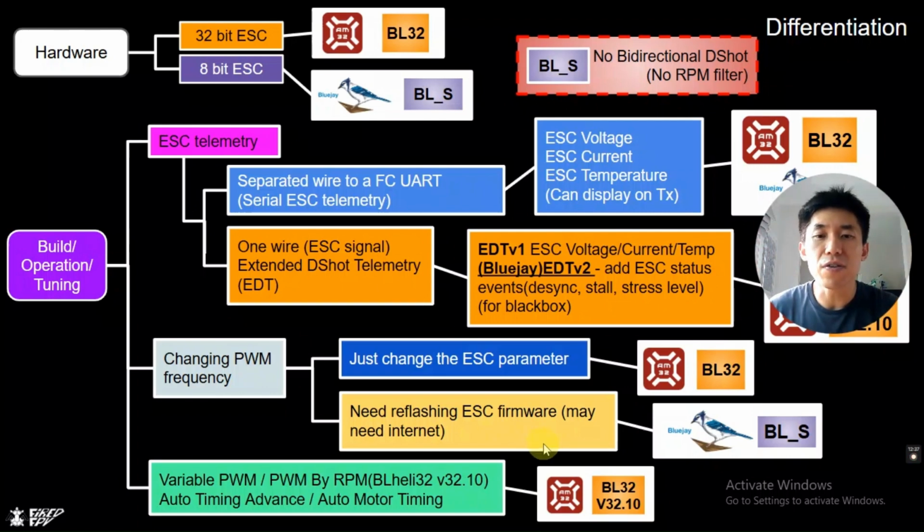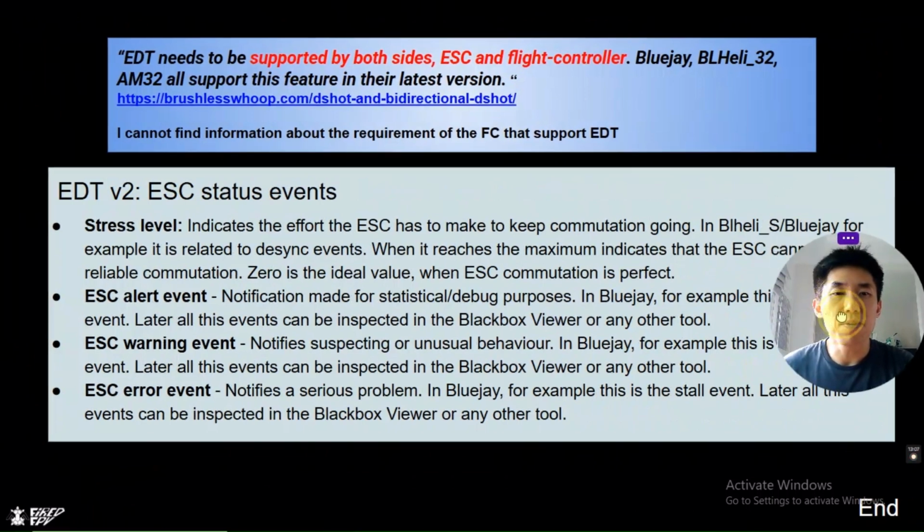These two features are only available in AM32 or BLHeli_32 version 32.10. Only BLHeli_32 version 32.10 has these two features. The older versions than 32.10 don't have them. So only these two firmwares, with the specific version on BLHeli_32, get these two features. All right, let's move on.